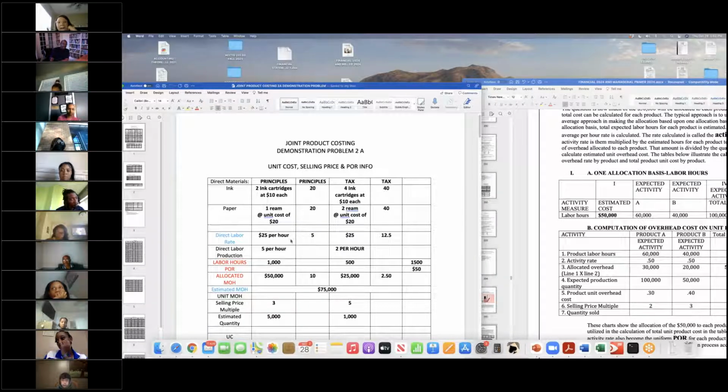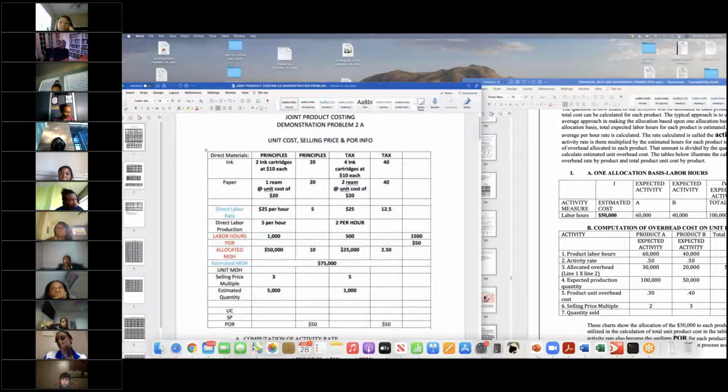Our direct labor, $25 an hour for principals and $25 an hour for tax. We can make 5 books in an hour with principals, 2 in an hour with tax. So we calculate the labor hours.